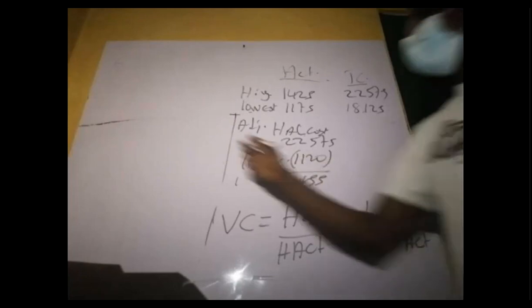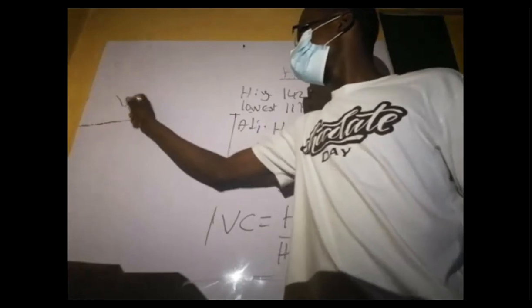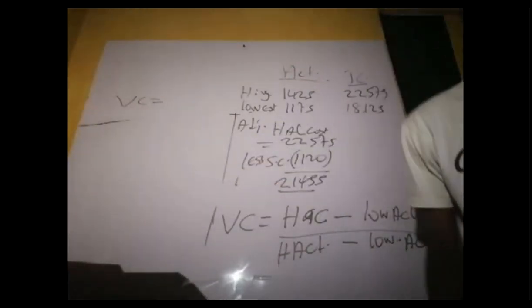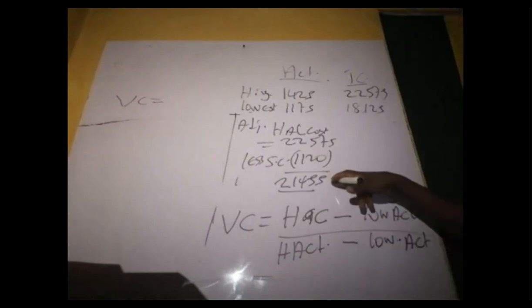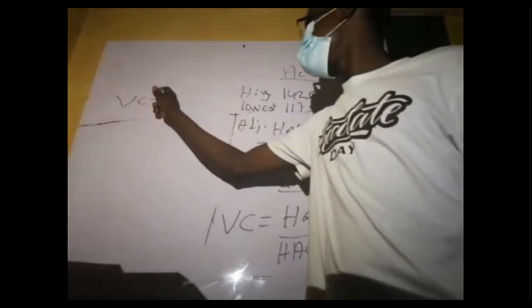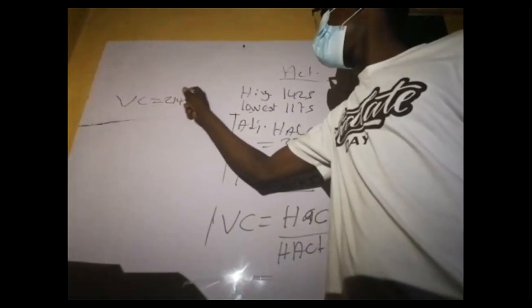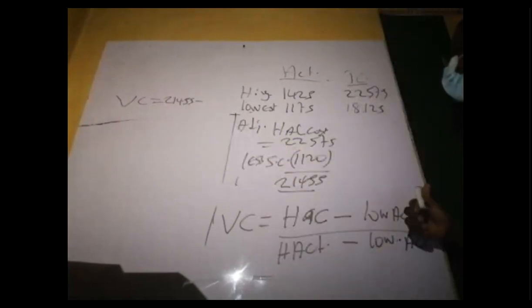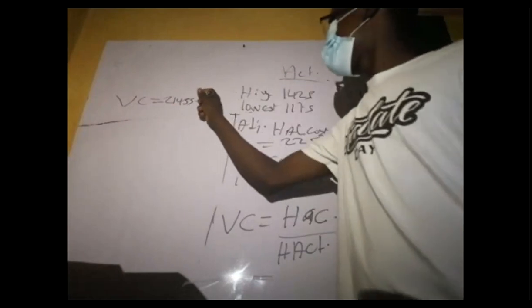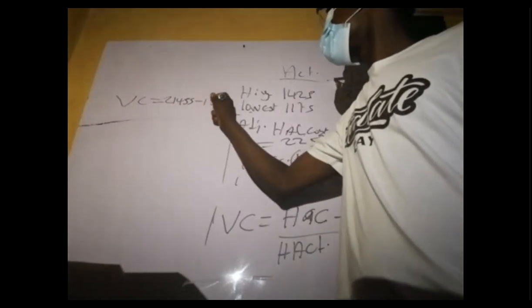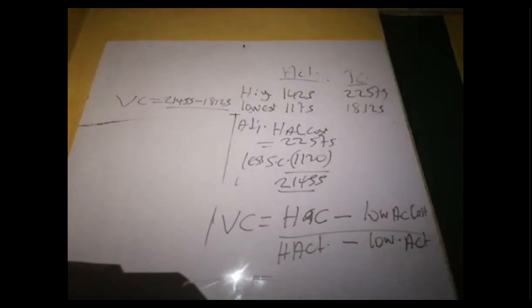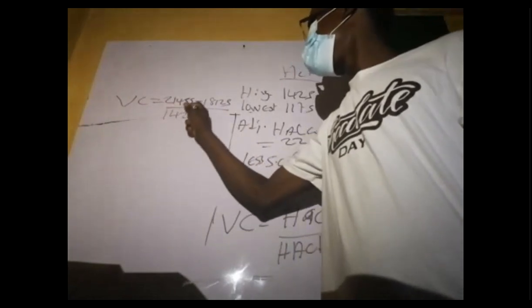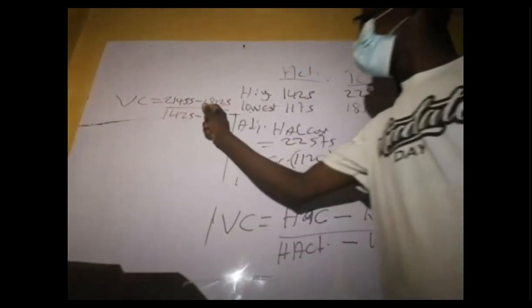So I'll now write it here. Variable cost is equal to highest cost, 21,455, minus lowest cost, 18,125, divided by the hours, 1,425 minus 1,175.